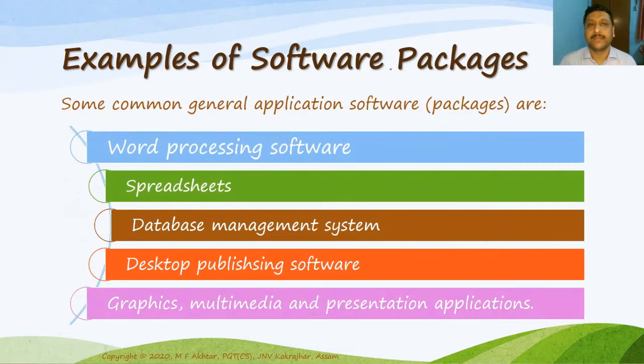See here, examples of software packages. The common general application software packages are: word processing software, for example MS Word, Microsoft Word. Spreadsheet, Excel. Excel is spreadsheet software, and for so many purposes we use spreadsheet software.